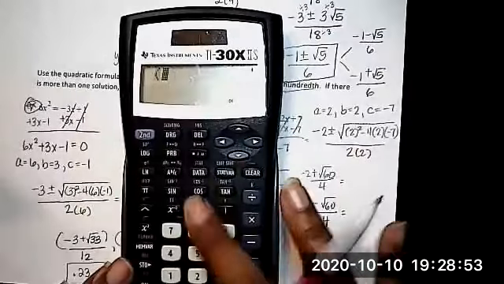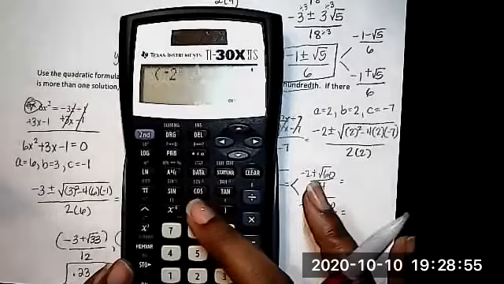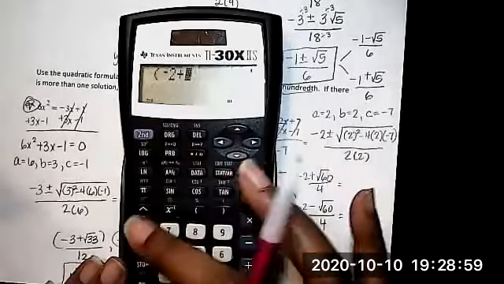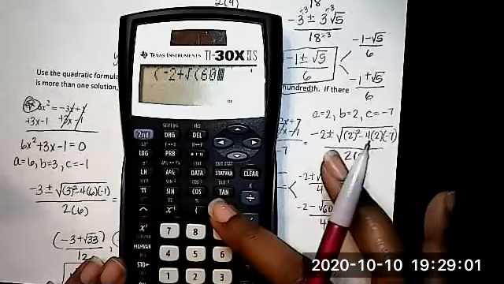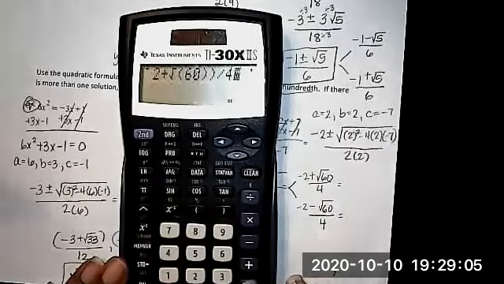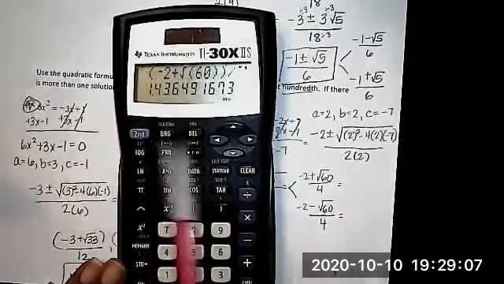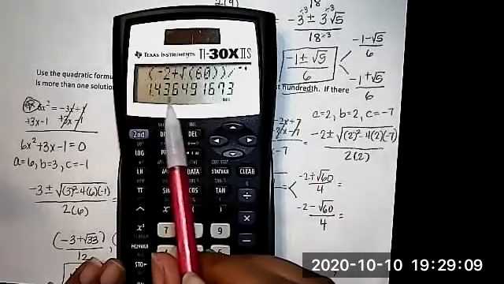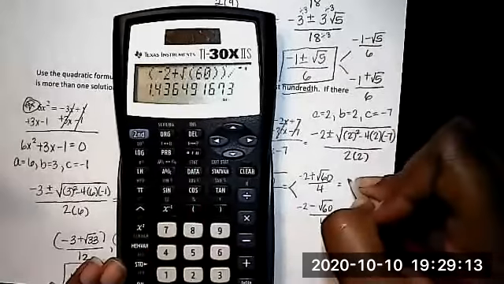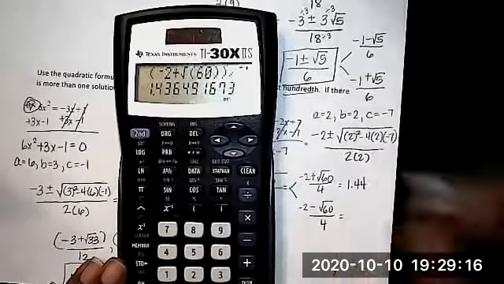So parentheses, negative 2 plus the square root of 60, close that, and then do it again, divided by 4, equals 1 point, again it's to the 100th, 1.43, but that 3 goes to 4, so this will be 1.44.